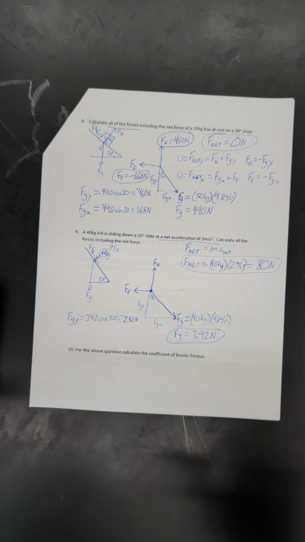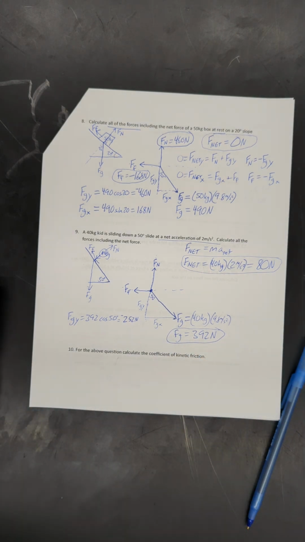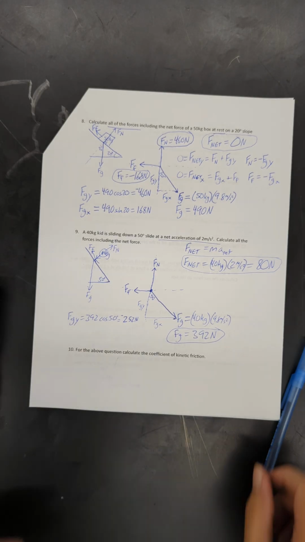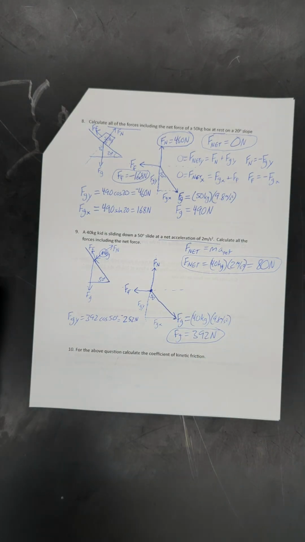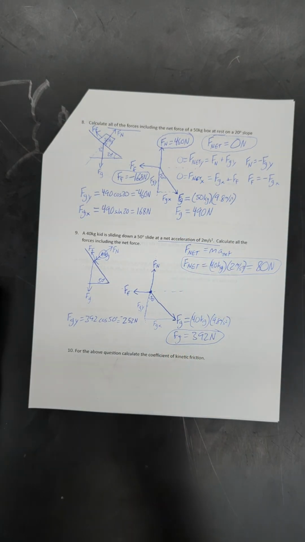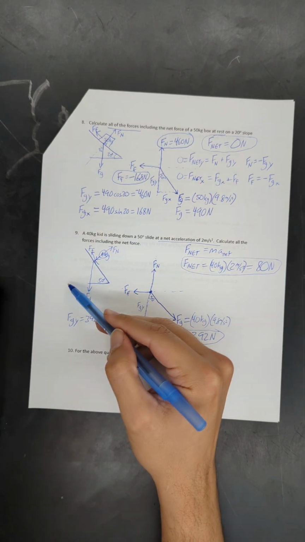I'm going to pause here. I know I could keep going and find my force of gravity X, but I want to remind us that we have everything we need to find our normal force. Just like up here, our F net Y equals 0. This is our F net X, because that kid is not flying up from the slide. That kid is not going through the slide.